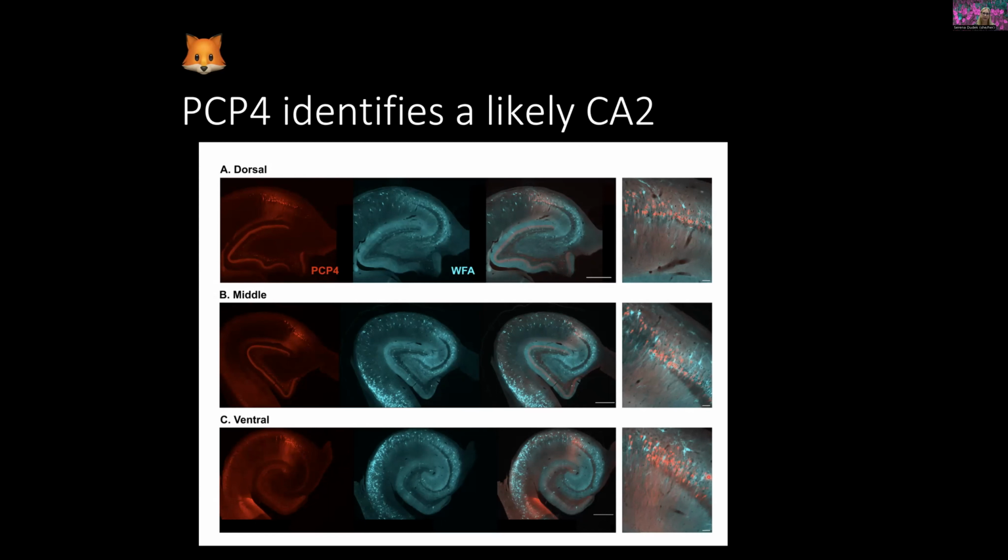I should add that I pulled the hippocampus out and cut this as close to perpendicular to the long axis as I could. So these are what we would call the coin cut of the hippocampus.